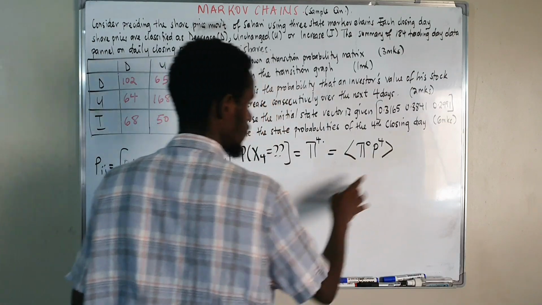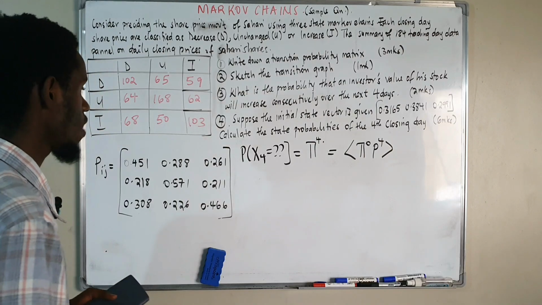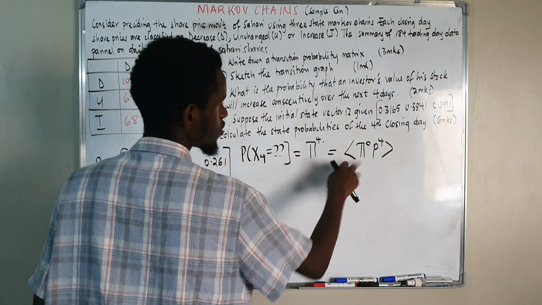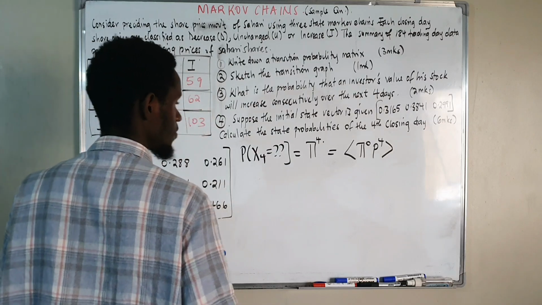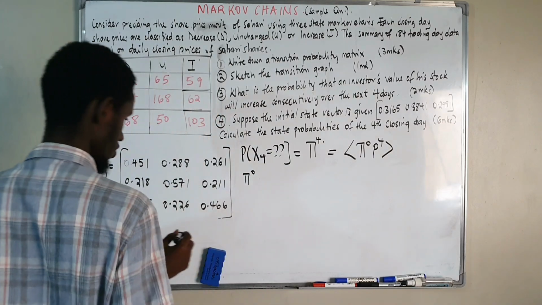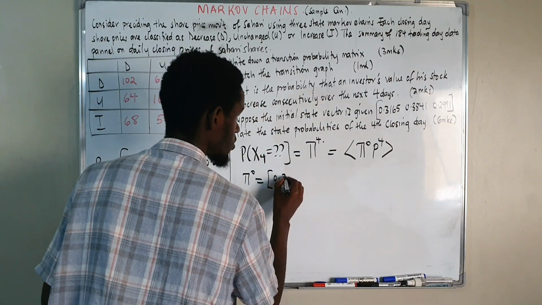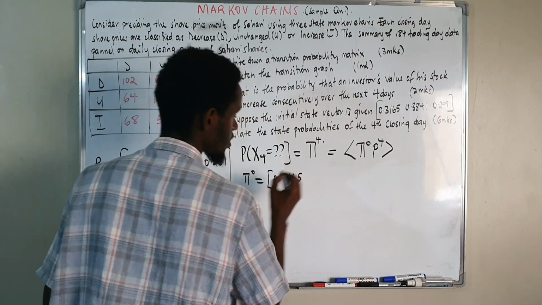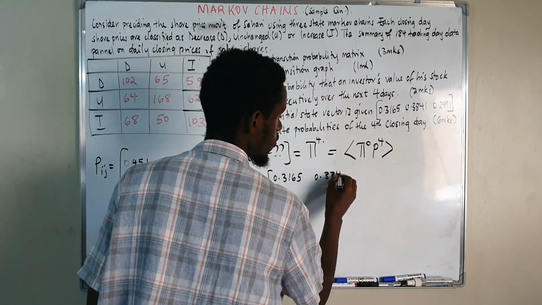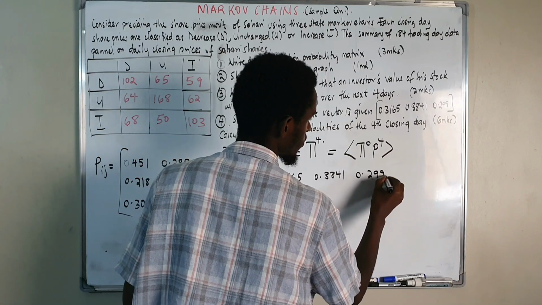Now our task here is finding p power 4, yes. After getting p power 4, our last task is multiplying, because now we already have this matrix. This matrix we have as our p, and pi naught is already given to us as 0.3165, then 0.3841, and then 0.2991.